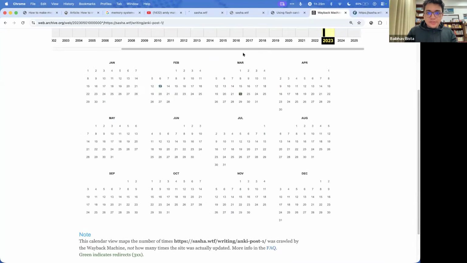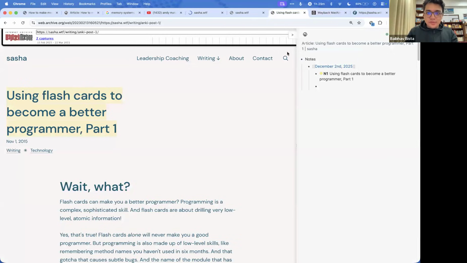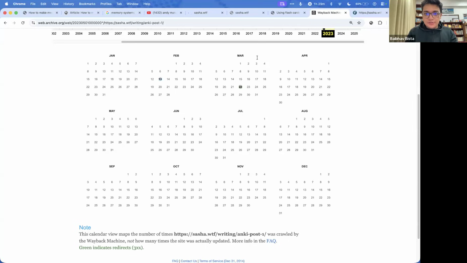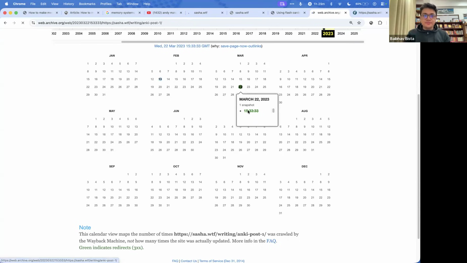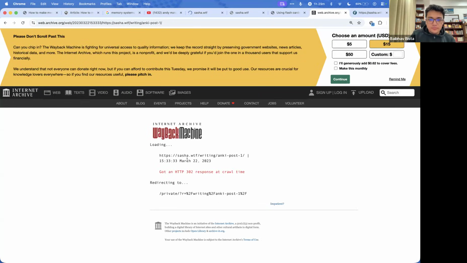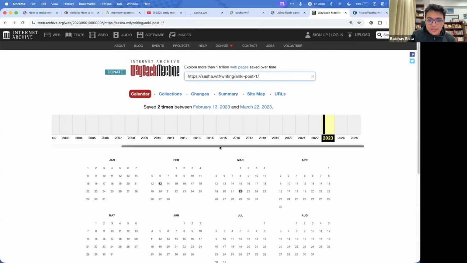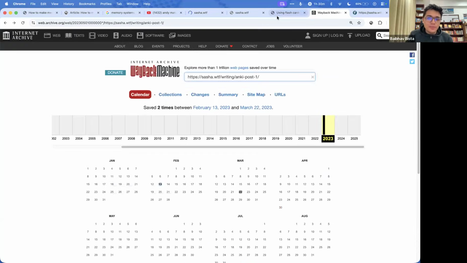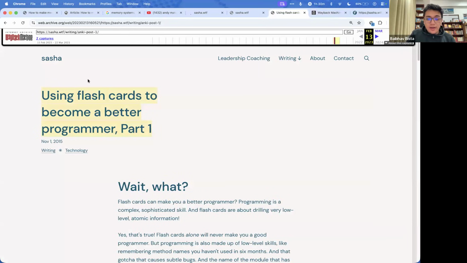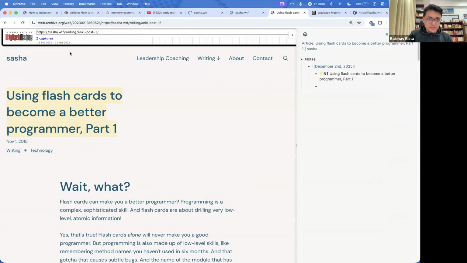The thing I was going to show was one way of checking, like, when was this from? This is from February 13th, right? So I can open the version from March. Oh, it actually failed on March, so I can't show that. That's a shame, but I think you get my point, right? If you save annotations here, then it also works when you open it on the actual web page, which I thought was a really good feature.